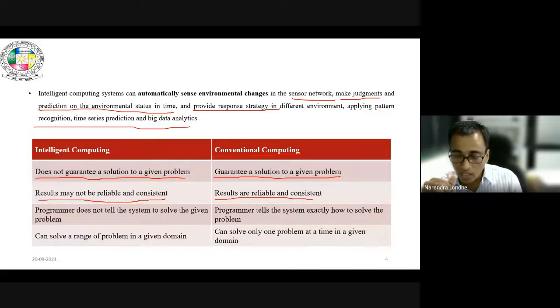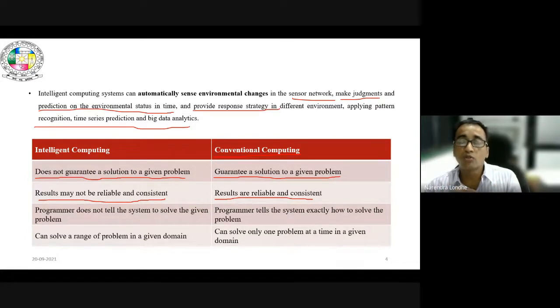And I can tell you, in the present era, the status of intelligent computing has improved a lot. The consistency and the reliability are now increasing. Earlier, putting artificial intelligence into applications where human lives are involved was not accepted.